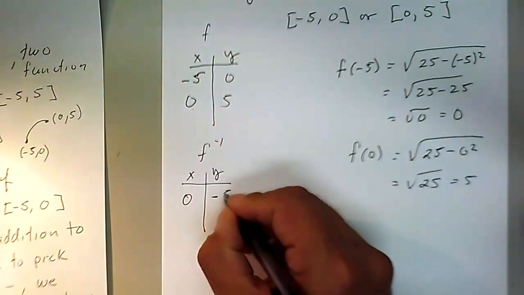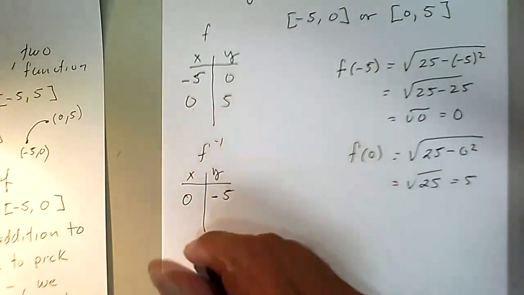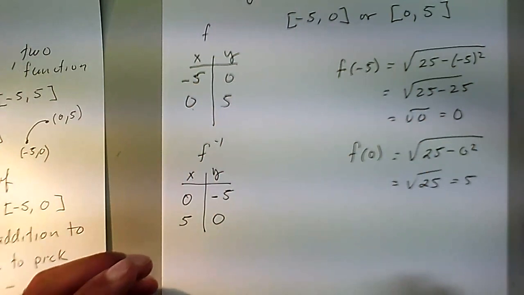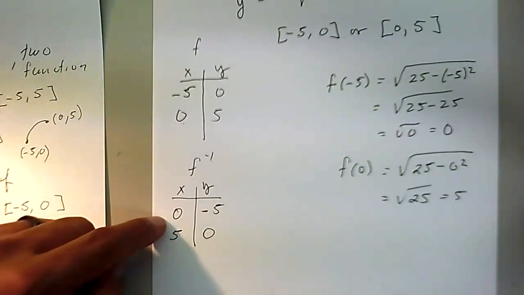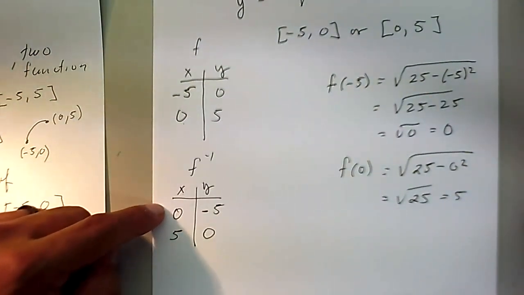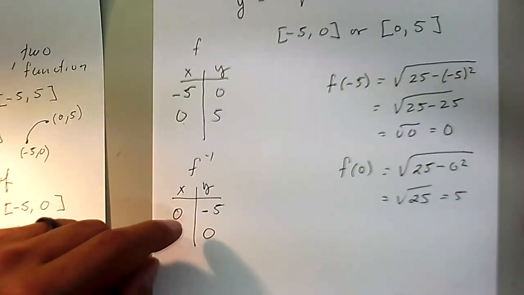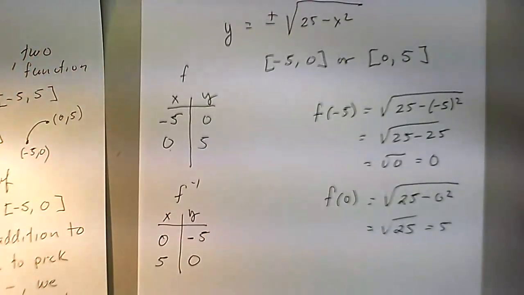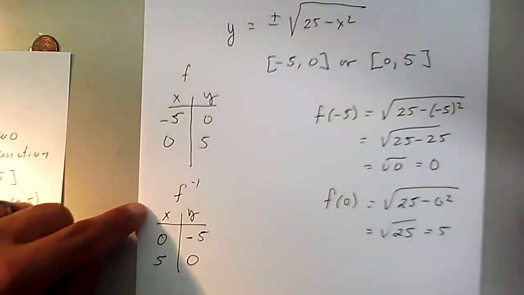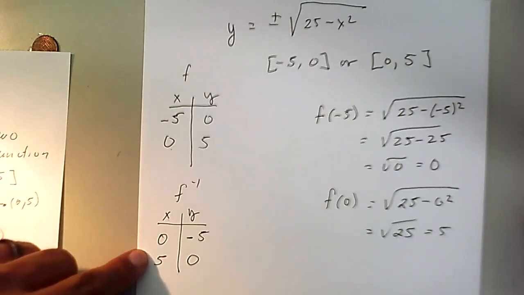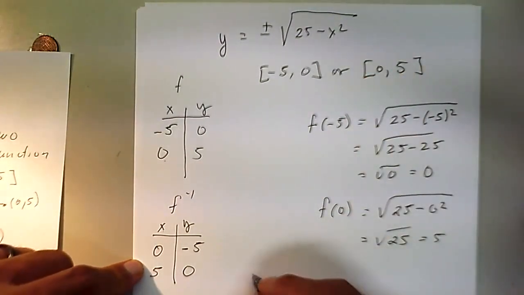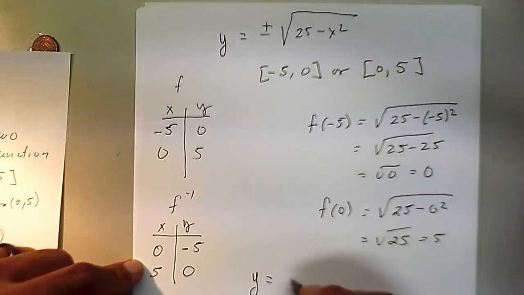Instead of 0, 5, we're going to put 5, 0. That is how we obtain the domain of the function, and that also tells us whether we're going to pick plus or minus. See, the domain of the function is 0 to 5. So y has to be, I haven't decided whether to do plus or minus yet.